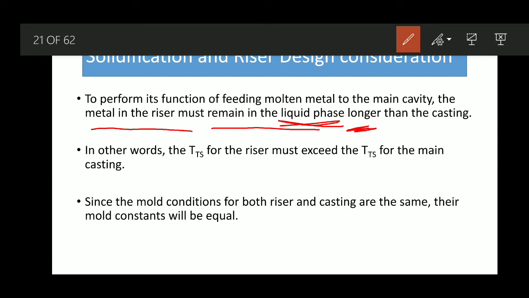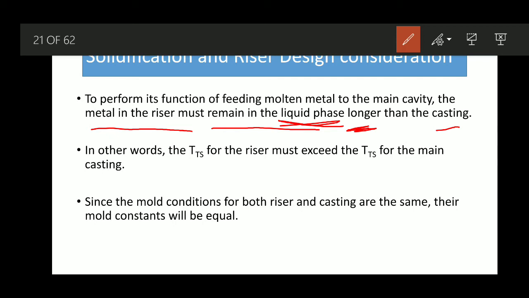That means the casting will solidify first, and only after that we want the riser metal to solidify. Otherwise, if it solidifies at the same rate, or prior to the solidification of the main cast part, the mold cavity that is being filled up, it is not going to serve its purpose.